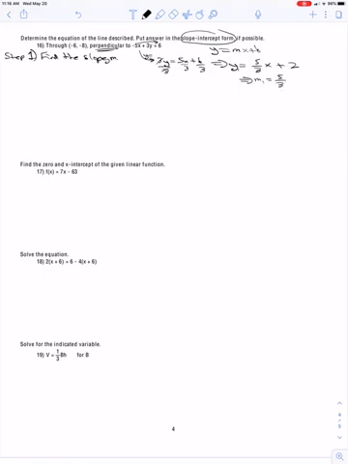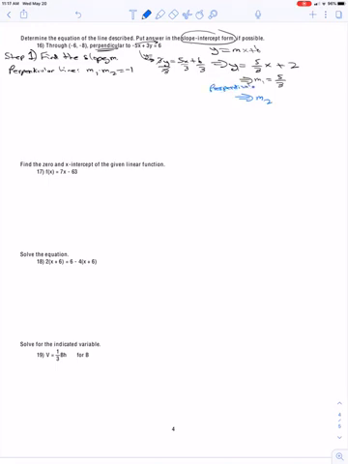So to be perpendicular, my new line, remember, find the slope. Perpendicular line, right? Opposite reciprocals. M1 times M2 must be -1.